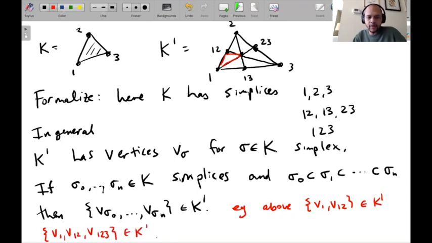But you don't have, for example, V1, V2 3. So the vertex 1 and the vertex 2 3 are not connected by an edge because the vertex 1 is not contained in the simplex spanned by 2 3. Okay, so this is the recipe for barycentric subdivision of a simplex.